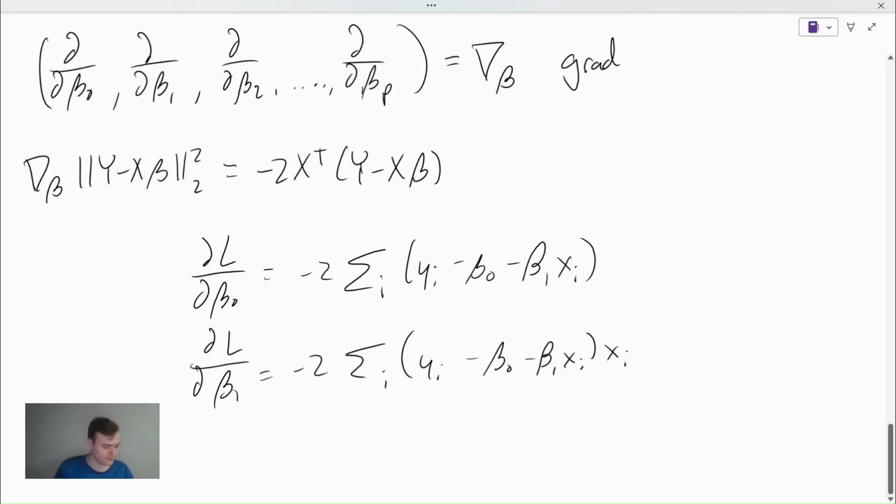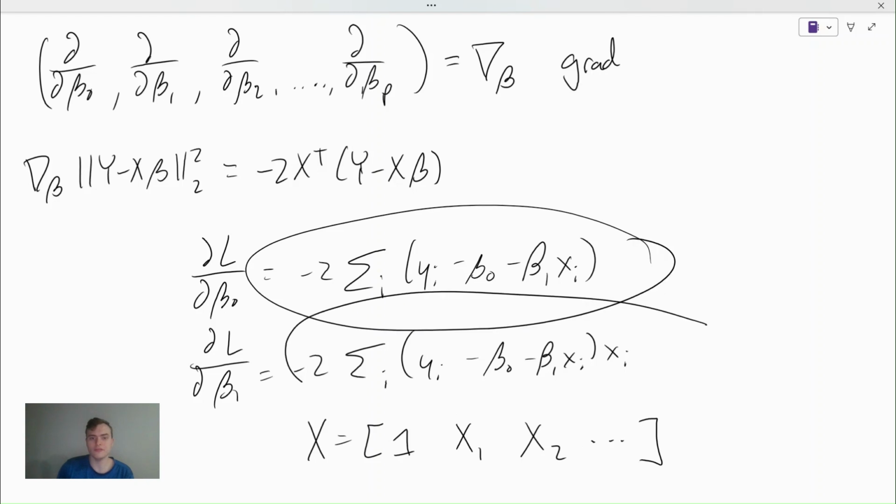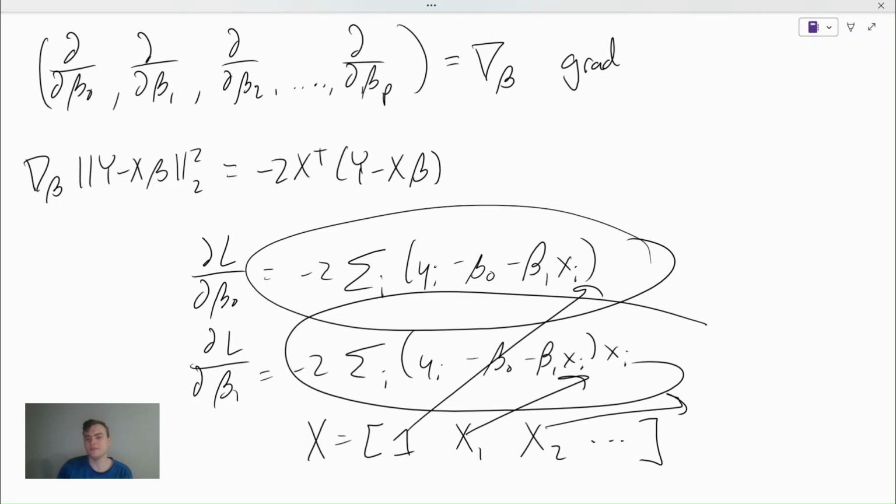But now our x is 1, x1, x2, ... And so we can see that this sort of form, we're putting the 1 up here, the x1 here, x2 next, etc.